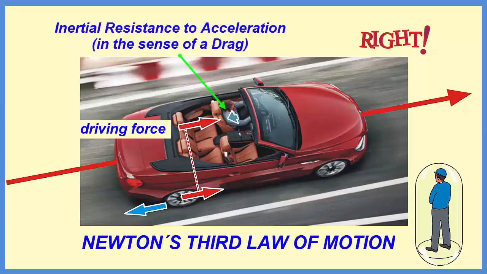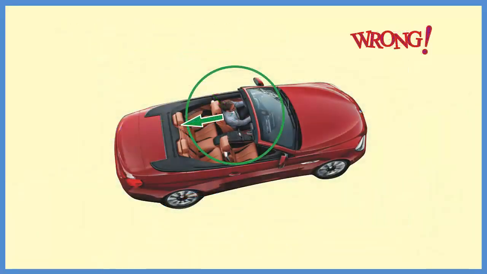Since the driver's mass resists acceleration, the driving forward force acts upon the seat, which is then compressed due to the driver's resistance to acceleration. This enables the driver's mass to be summed to the vehicle's mass. With this interpretation, the force of inertia, as a self-force, disappears, and the whole process can be seen as being in accordance with the laws of motion.